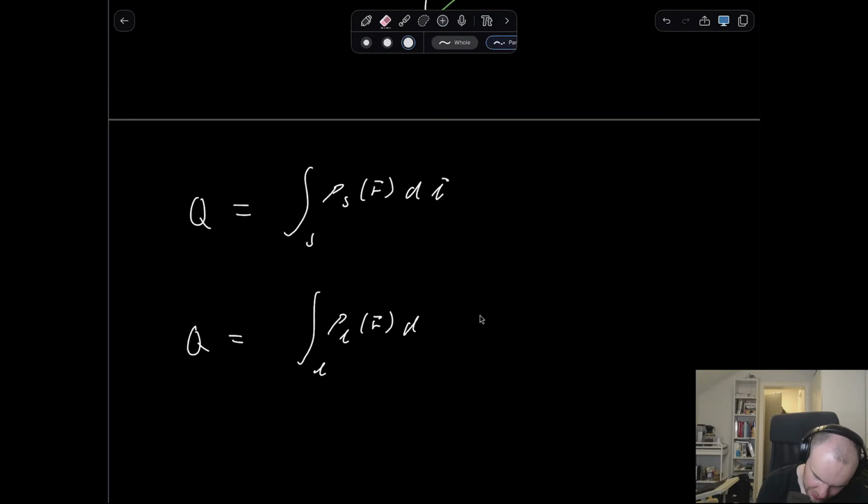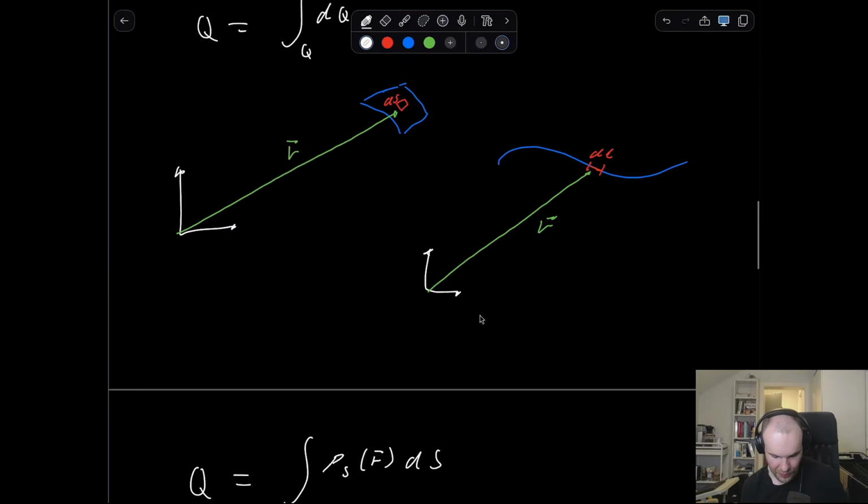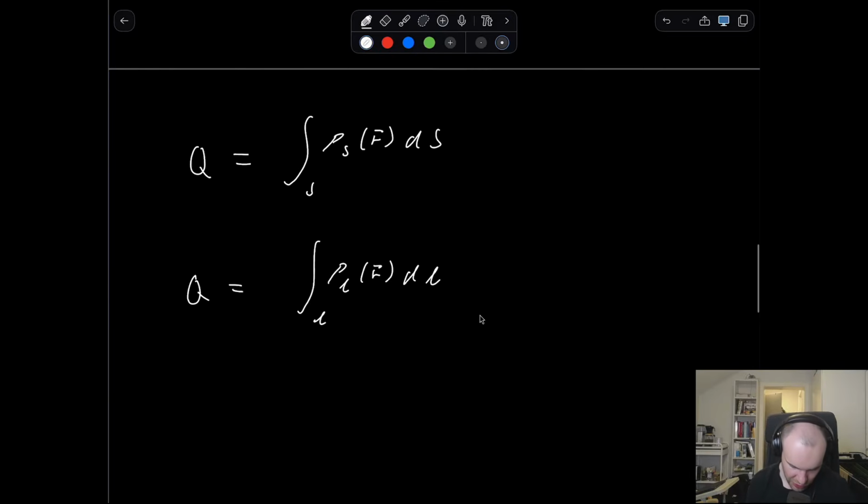So that's the two other ways we can write the charge, if the whole surface or the whole line had a continuous charge distribution.